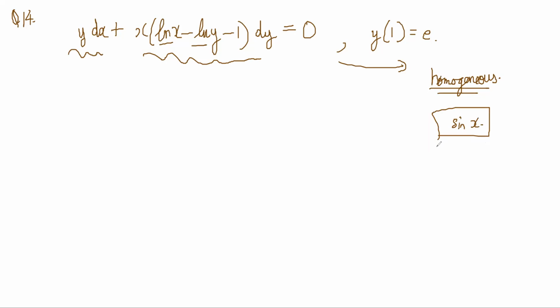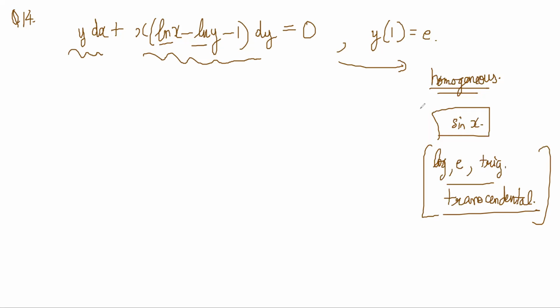Basically log, e, trigonometric functions and all are transcendental functions in the sense that they are not algebraic functions. So you don't worry about degrees in those. So here the only thing that we can possibly check is the exact one.